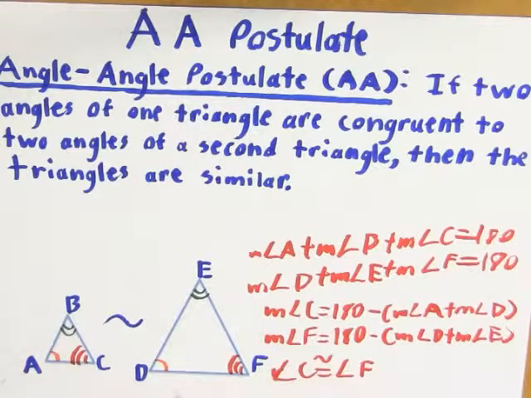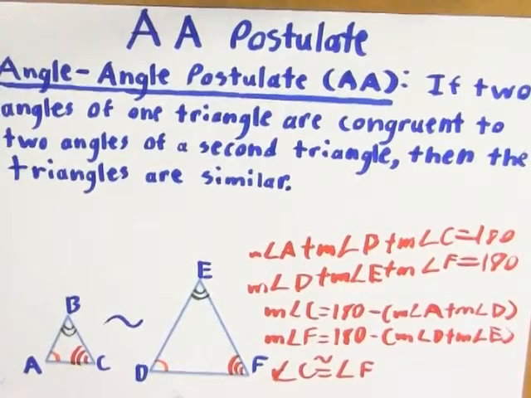And if the corresponding angles of 2 triangles are congruent, then they have to have the same shape. And going back to the definition of similarity, similar figures are 2 figures that have the same shape, but not necessarily the same size. And so that's how this postulate was figured out.